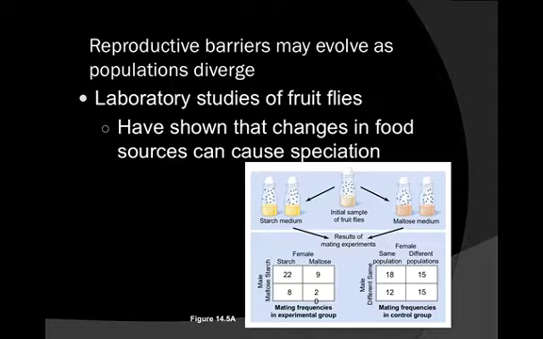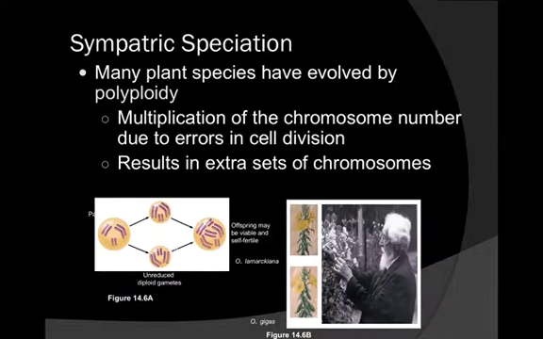For example, in fruit flies, you can show evolutionary changes based on the food source that is provided to them. If you have starch given to some fruit flies and maltose given to other fruit flies, eventually you get two different species of fruit flies. And you have to keep in mind a fruit fly generation is only 2 weeks long, so it's very easy to see speciation within an organism that has such a quick reproductive time.